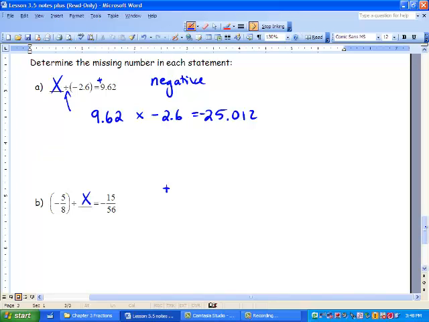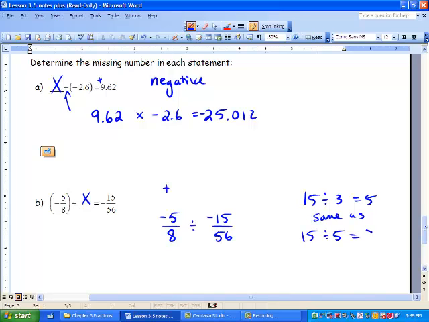So what we're going to do is divide negative 5/8 by negative 15/56. That is just like the same as saying 15 divided by 3 equals 5. It's the same as saying 15 divided by 5 equals 3.